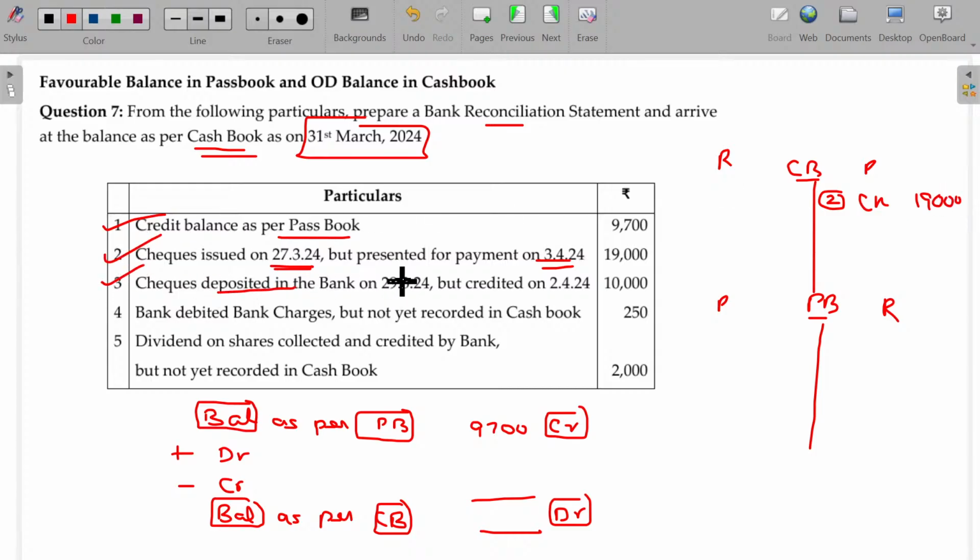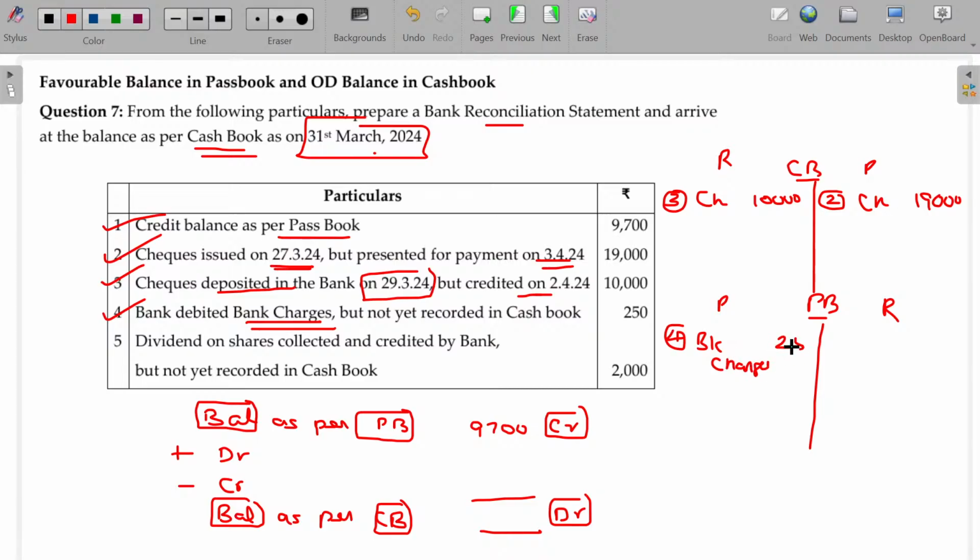Third, check deposited in the bank on the last date of the reconciliation date or one day earlier, but credited only after the reconciliation date. So third one, check related, the value being 10,000, not posted in the receipt side of the passbook. Fourth, bank debited bank charges, but not recorded in the cash book. So debited here, fourth one, for the bank charges.